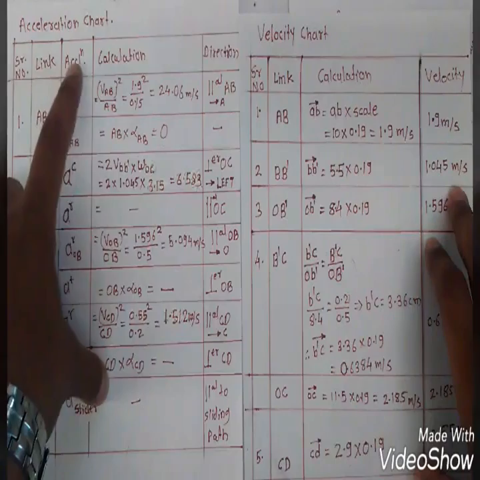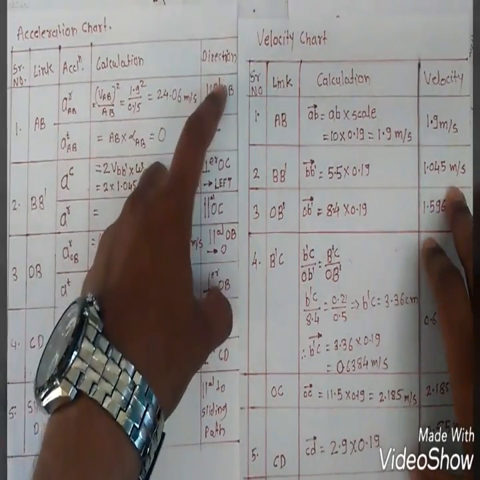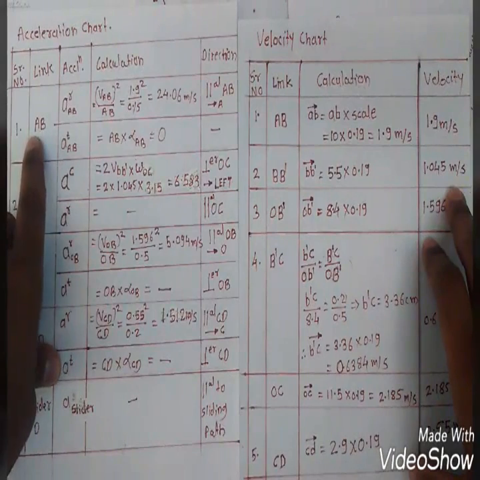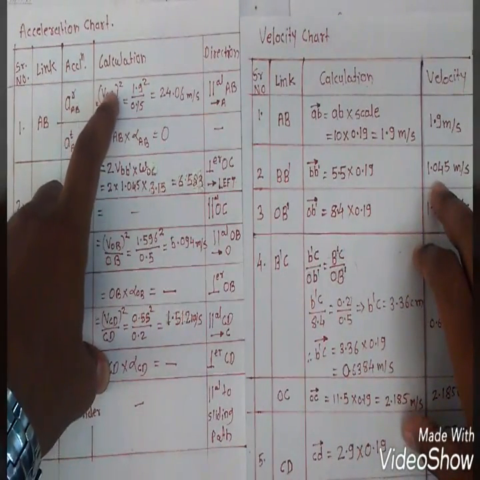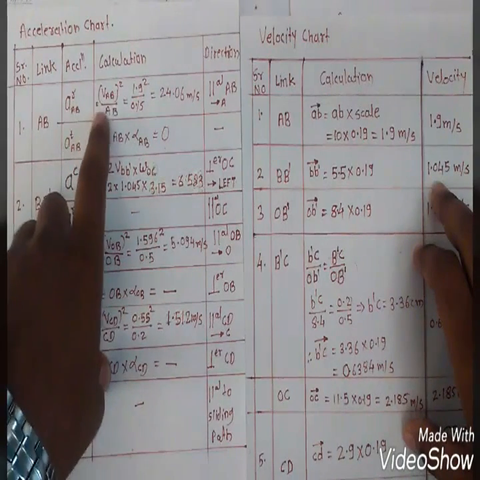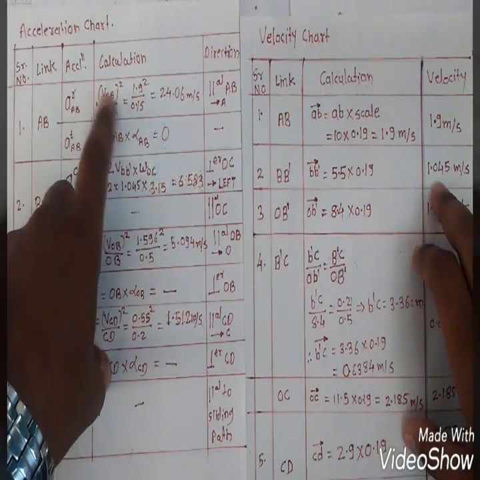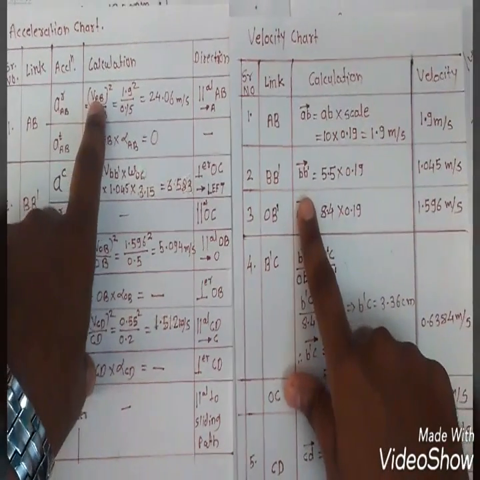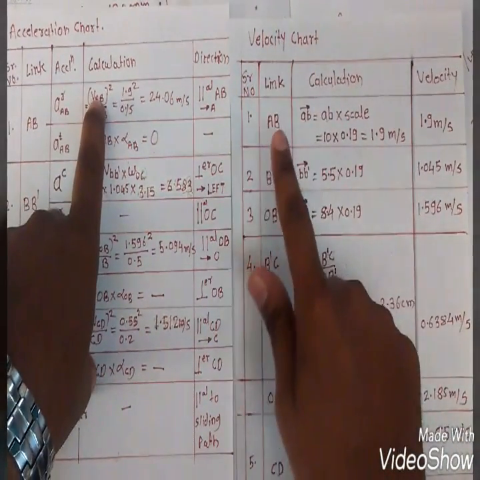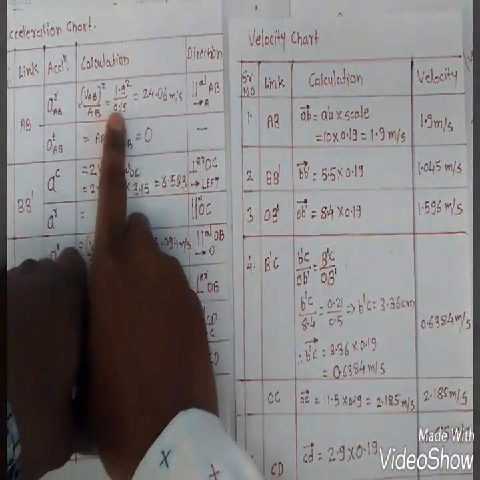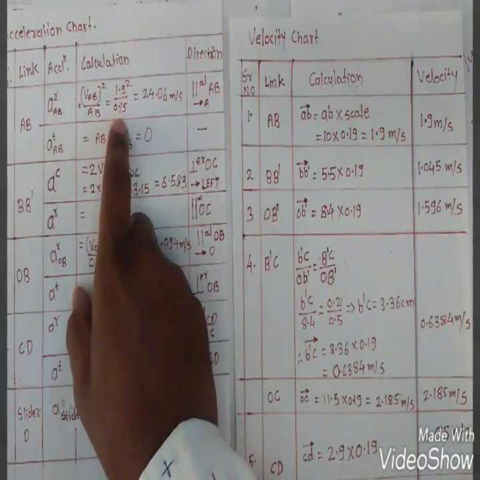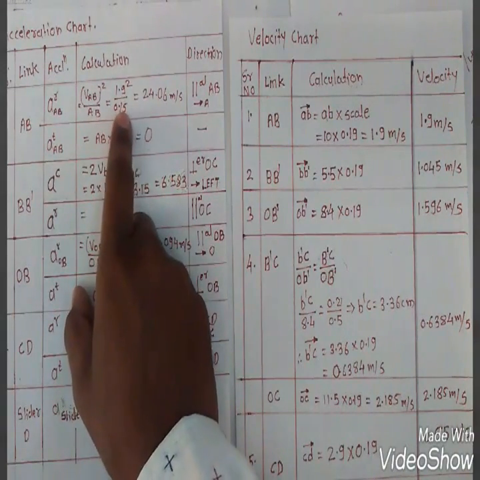Serial number, link, then accelerations, calculations, and directions. First one, link AB. As we know, for each link there are two components, radial as well as tangential. For radial acceleration, it is velocity of AB square upon length of link. Here VAB we can take from the velocity chart, 1.9 meter per second, and AB is 150 mm, that is 0.15 meter.